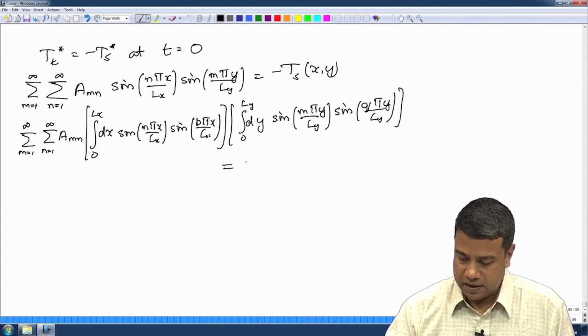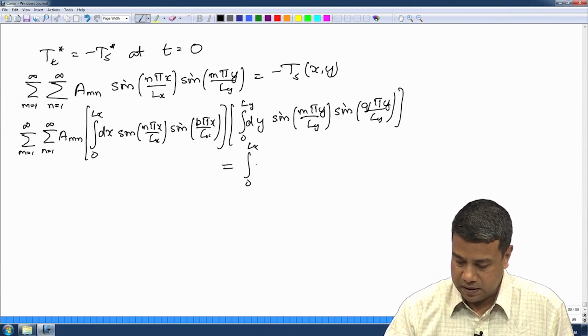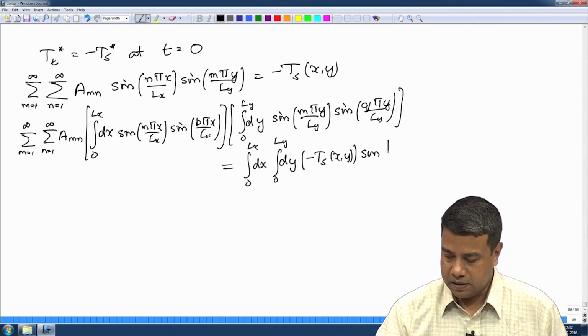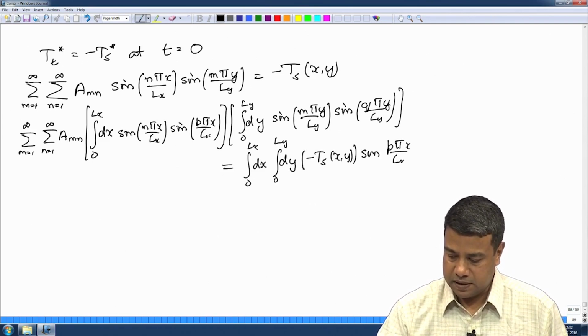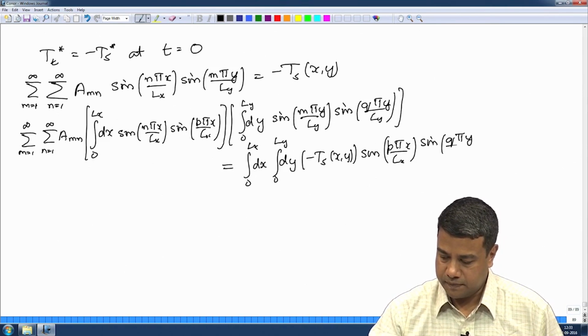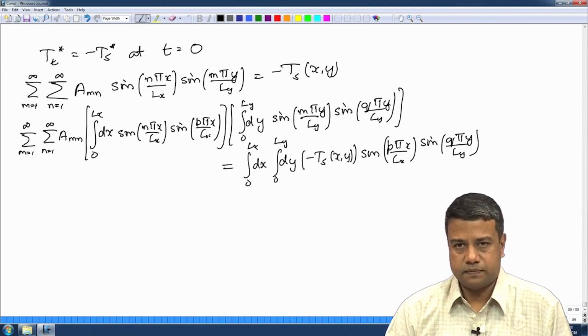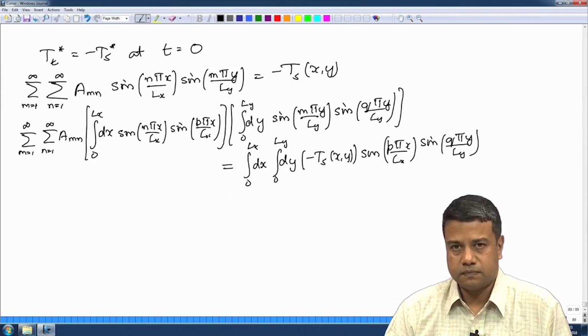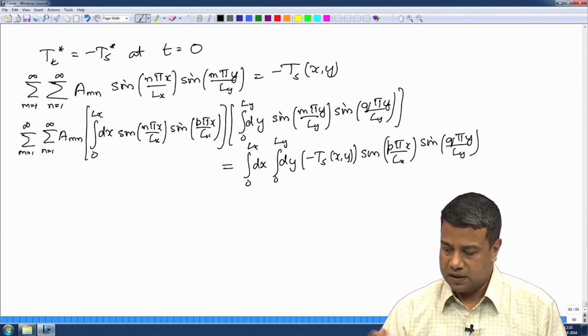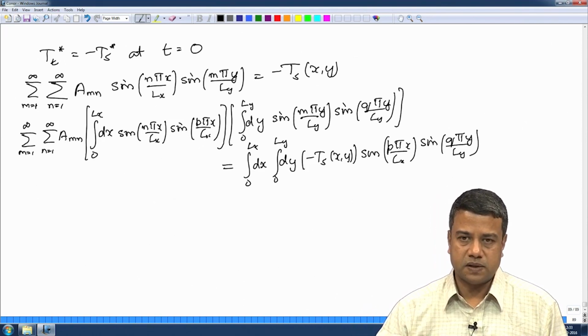On the right hand side, I will have the integral 0 to Lx dx, integral 0 to Ly dy of minus the steady solution of x and y, times sin(p pi x by Lx) sin(q pi y by Ly). So, I just multiplied both sides by sin(p pi x by Lx) integrated from 0 to Lx, and sin(q pi y by Ly) integrated from 0 to Ly.